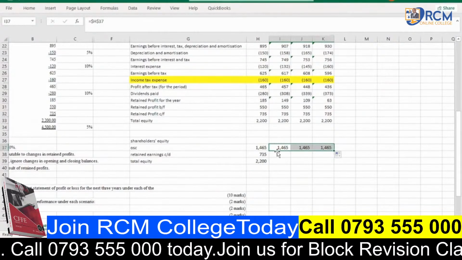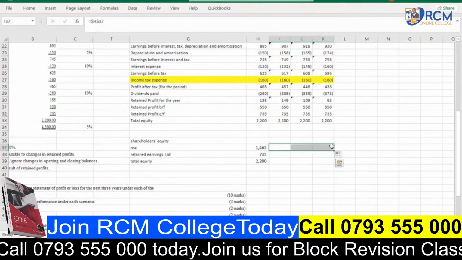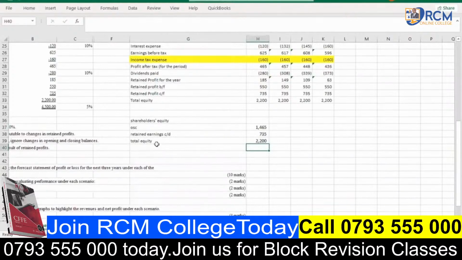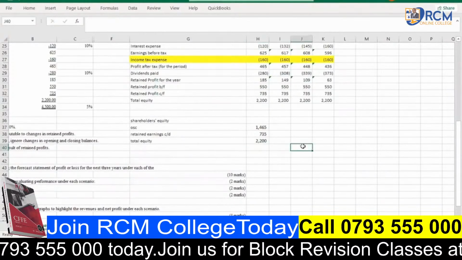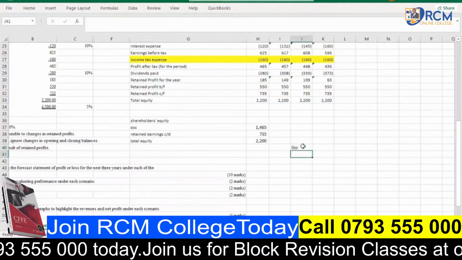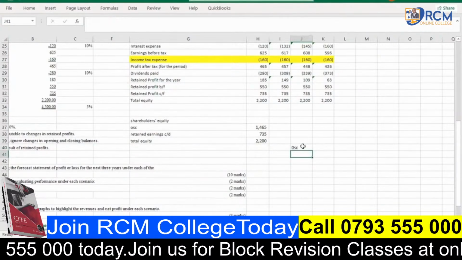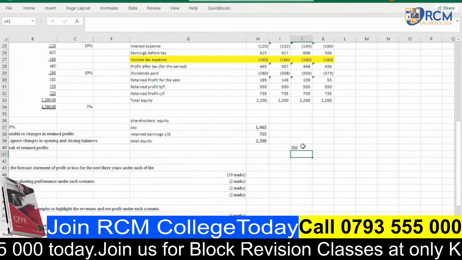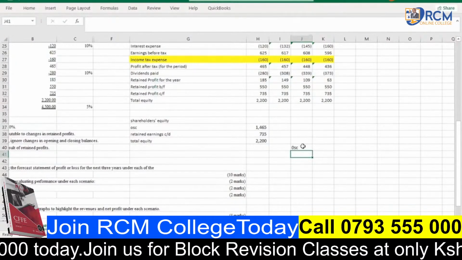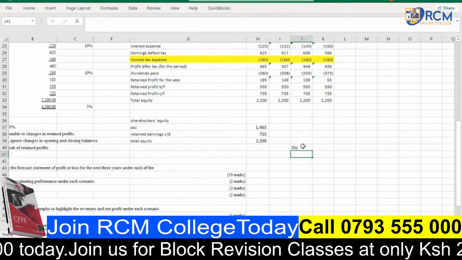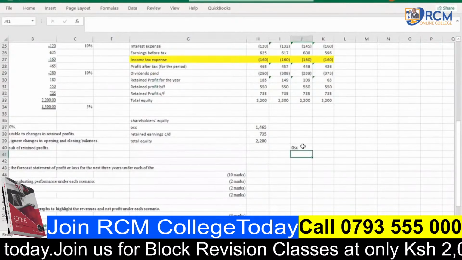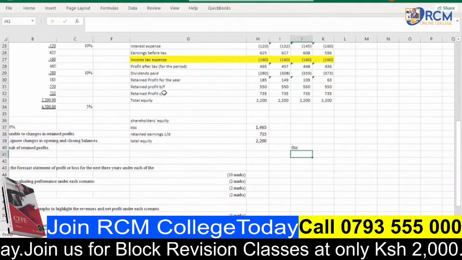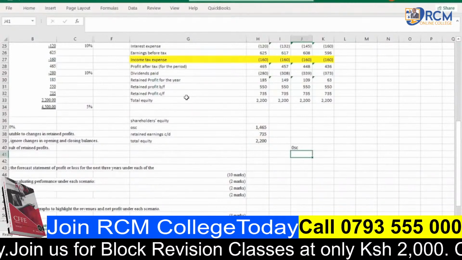Kindly pardon. These are the components that we need to have here. For us to get the total equity, we normally say it is the ordinary share capital, then retained earnings carried down, and the retained earnings carried down is equal to retained earnings brought down plus profit for the year.